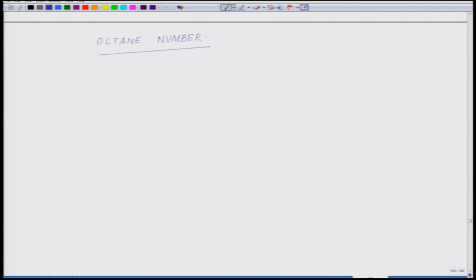So, going by the definition, sometimes you will see octane number, or it is also called octane rating. Okay. And there is a common unit which is used for that, it is called RON.